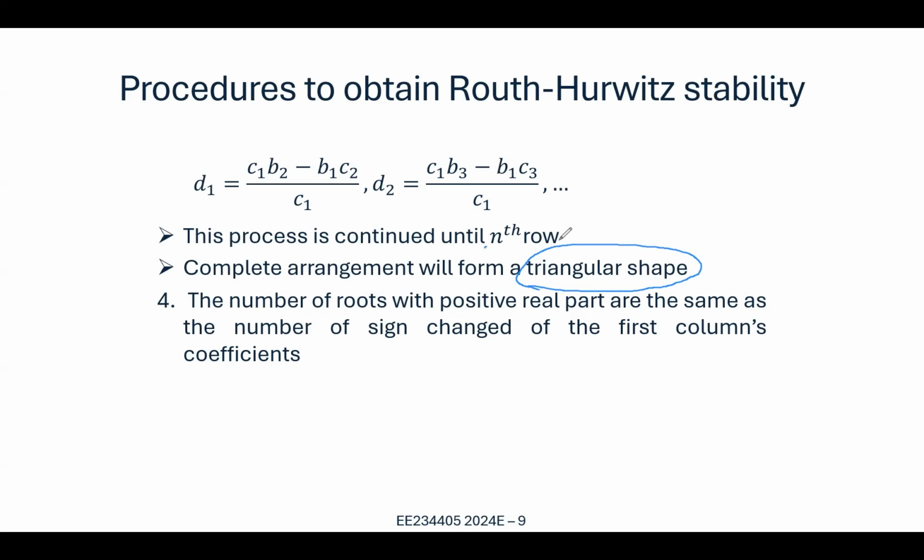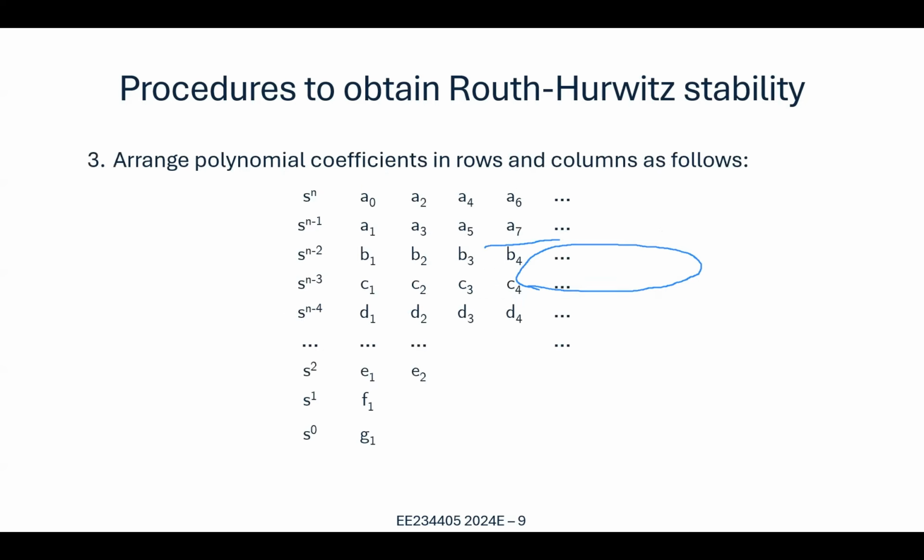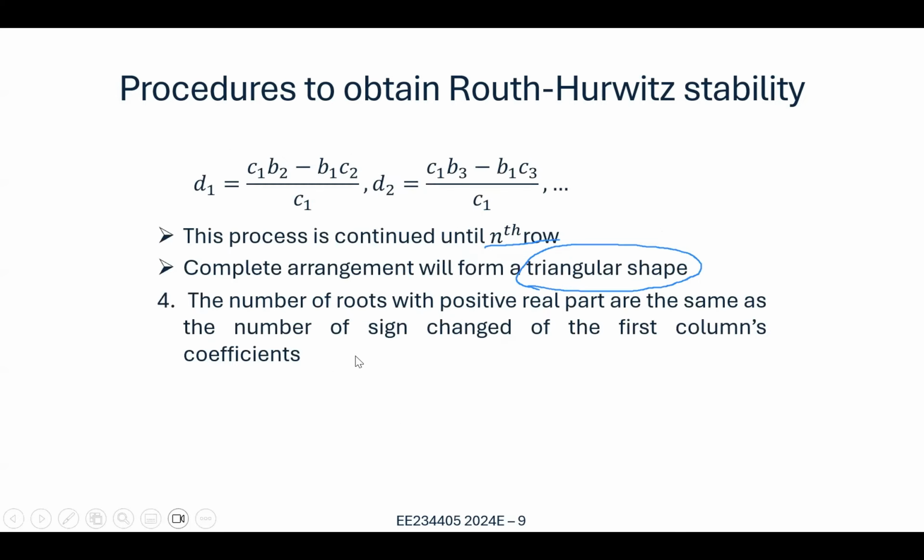until we run out of power, or until it's s to the power of 0, then we look at the number of roots in the first column's coefficient, the leftmost column's coefficient. The number of roots with positive real part is the same as the number of sign changes of the first column coefficient.